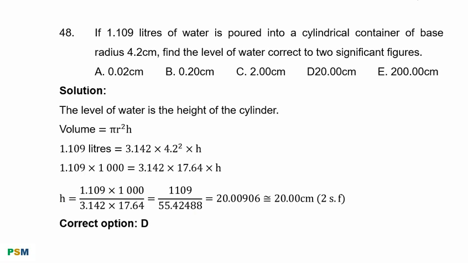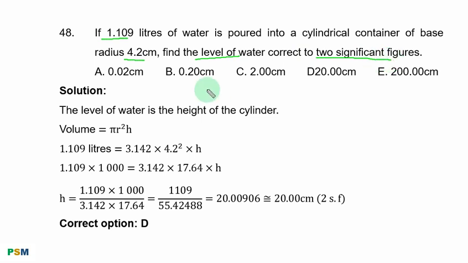Question 48. If 1.109 liters of water is poured into a container in form of cylinder of base radius 4.2 cm, find the level of water correct to 2SF.